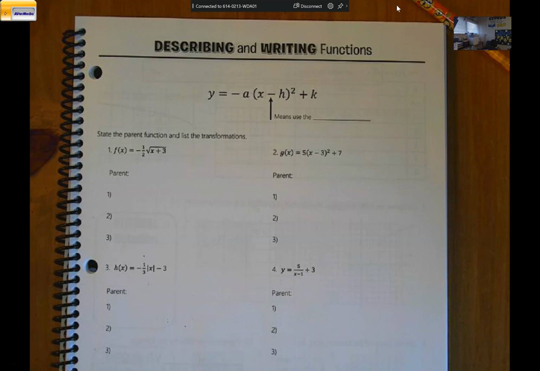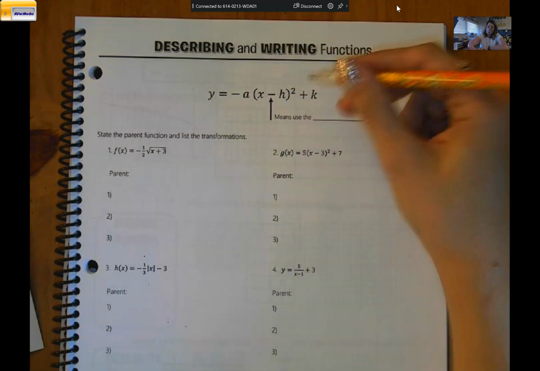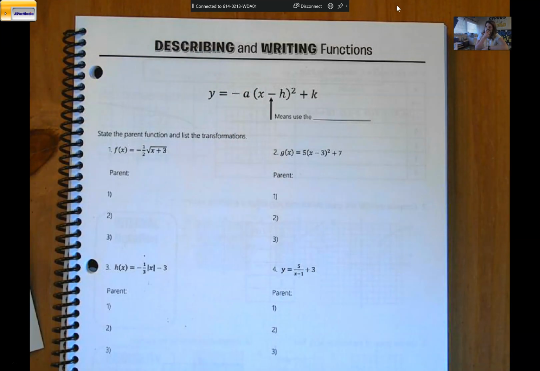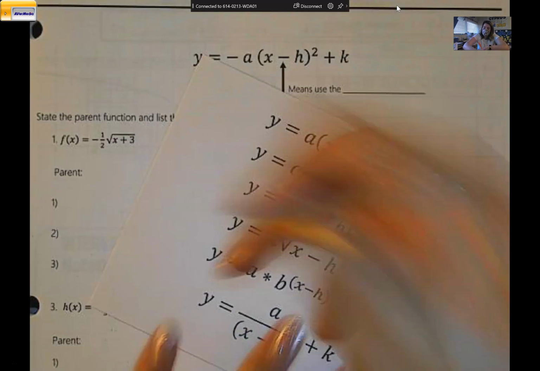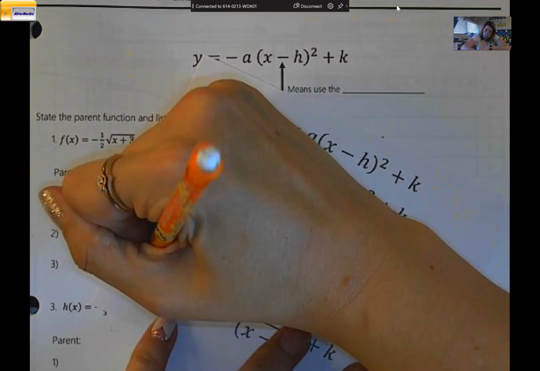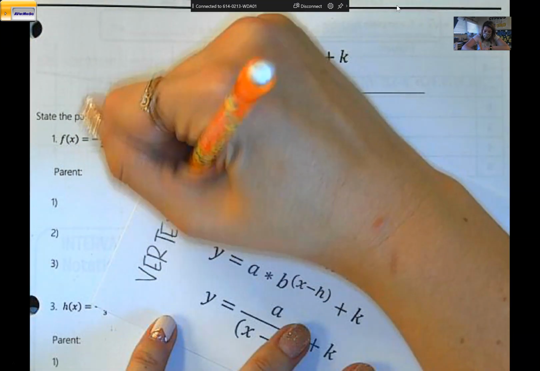Okay, so at the top of the next page, at the top of page 19, you see the vertex form. This is called vertex form for the quadratic family. These are the vertex forms for all of the function families that we've talked about.